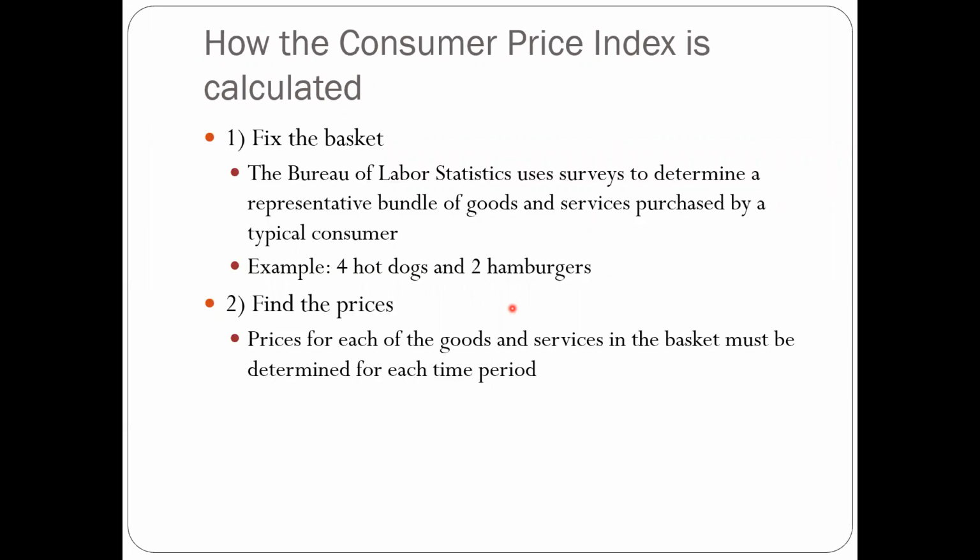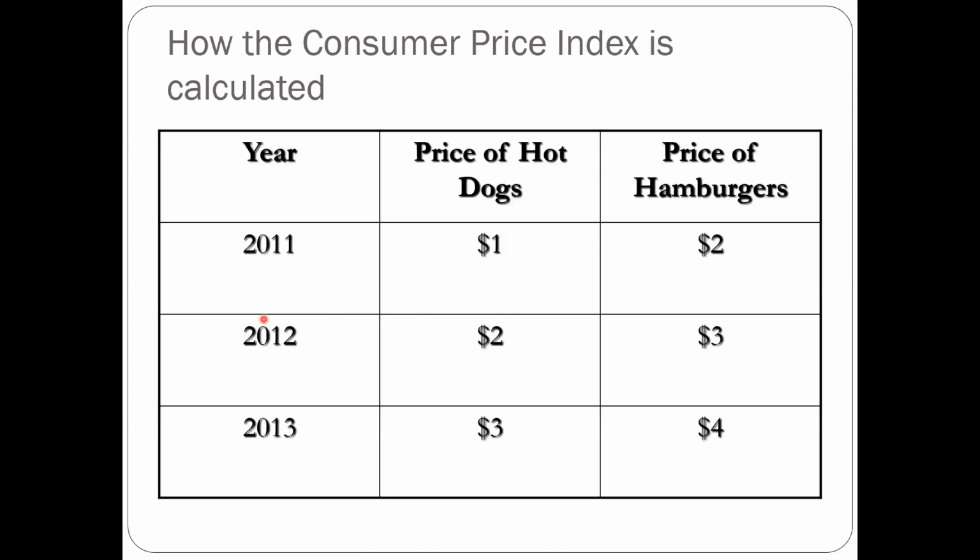Numerical example هنطبق فيه الجزئية دي. Fixing the basket، واتفقنا إن الباسكت مكونة من 4 hot dogs and 2 hamburgers. Number 2, find the prices. We can get the prices by market prices. And this is a simple example on how to calculate the Consumer Price Index.